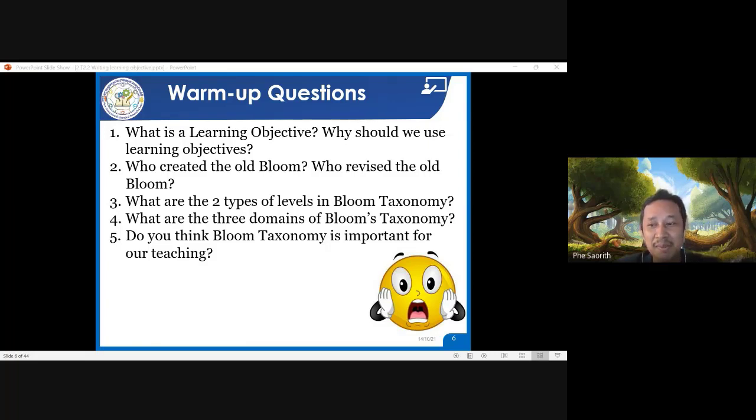So how many points from the content or from our instruction of the lesson do you want the students to learn, right? That's why, if we don't have any learning objective, we might not be on track with instruction. So that's why we have to set the goals of the lesson. By the end of the lesson, what do you want the students to learn?